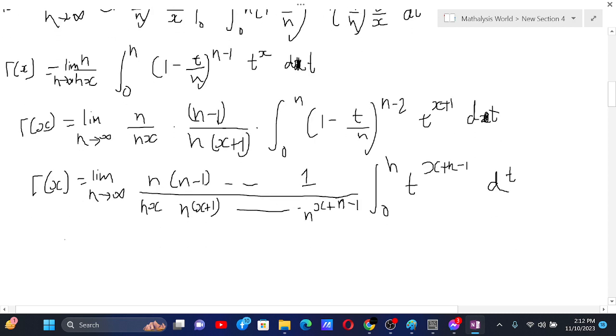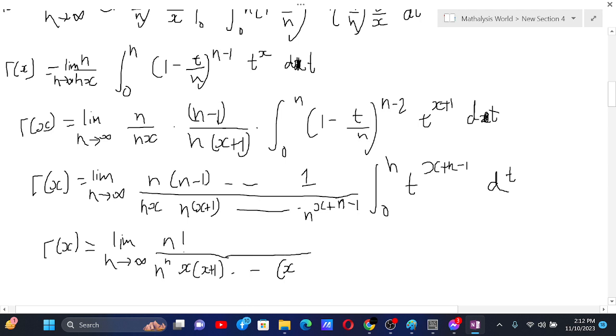Now after this we have gamma of x equals, I'm really sorry for these noises, the limit n tends to infinity of n factorial by n to the power n, and then x plus 1 up to x plus n minus 1.